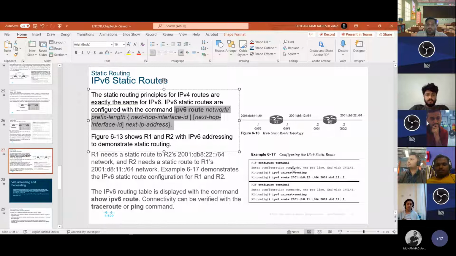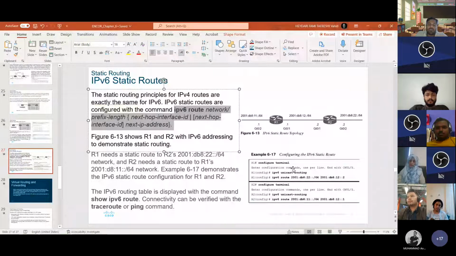One thing though that you always need to do with IPv6, you remember some of you have presented previously to me and to the class, basically RIPng.